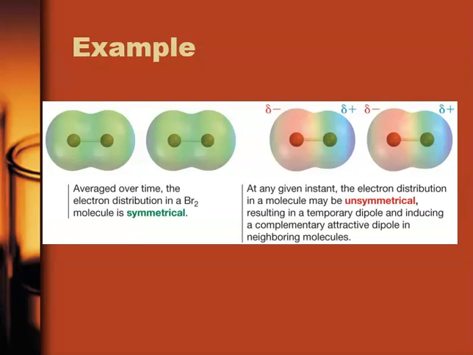So here's an image. Okay, this is looking at a bromine molecule. On the left-hand side, you can see what happens over time is that the movement of the electrons evens out. So the electrons are evenly distributed across the molecule. That's why it's all kind of the same color. But for fractions of a second, what can happen is that the electrons may accumulate in one area or another.